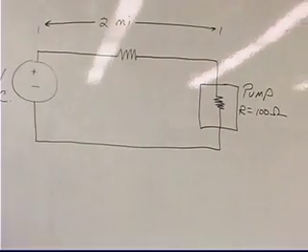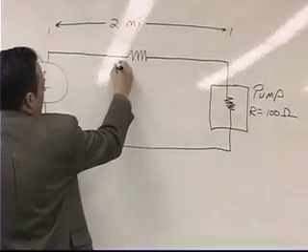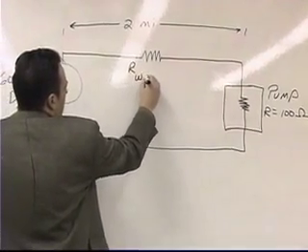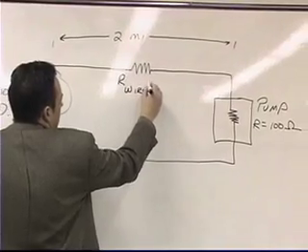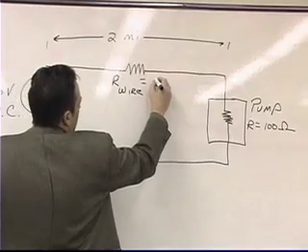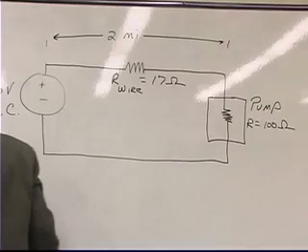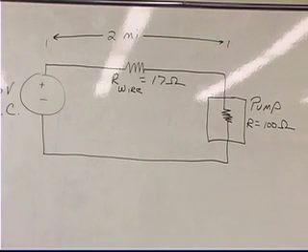And let's just say hypothetically that the resistance of our wire is equal to 17 ohms for the entire 2 miles.